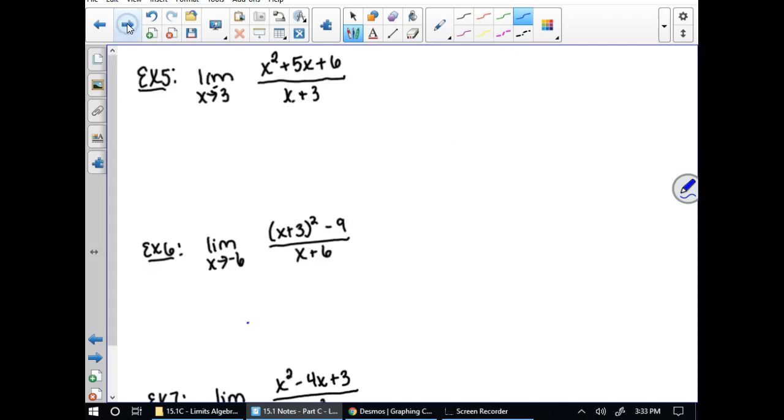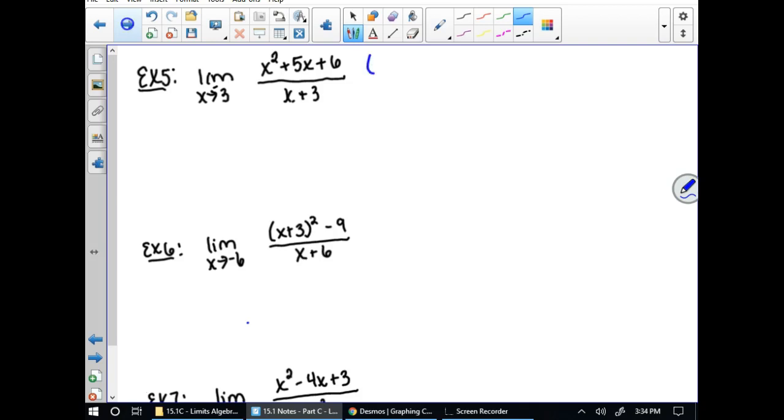Okay, let's try some more. So here I've got the limit as x approaches negative 3 of x squared plus 5x plus 6 over x plus 3. Now, remember, we do need to check to see that we get the indeterminate form here.